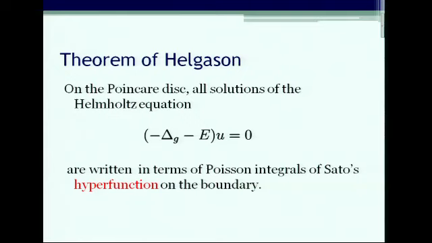So let us recall the well-known theorem of Helgason, which says that in the case of a Poincare disk, all the solutions of the Helmholtz equation in the Poincare disk are written by Poisson integral of Sato's hyperfunction on the boundary. So instead of hyperfunction, we take L2 functions on the boundary. So this makes our space.